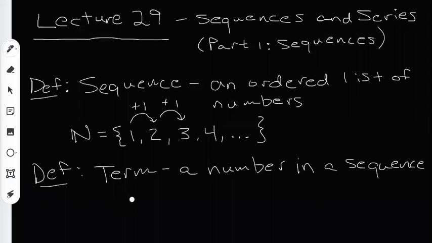So you're going to have A1, that's the first term. You're going to have A2, that's the second term. And then A3, that's the third term. And then A4, that's the fourth term. And then it just goes on like that.